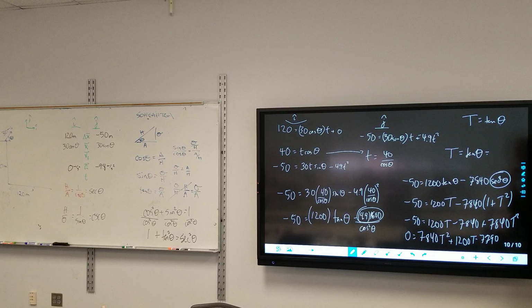There are a number of calculators today where you can program it in so that you just type in the coefficients and it spits out the answers. 1.076.